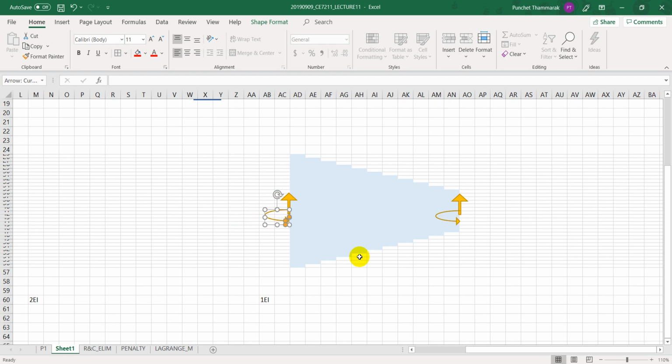So you set up another system of equations. You have to do it one at a time. So this is a new system of equations. You apply 1 unit rotation at the left end only, and then you will observe moments, force, moment, and force at other degrees of freedom as well.